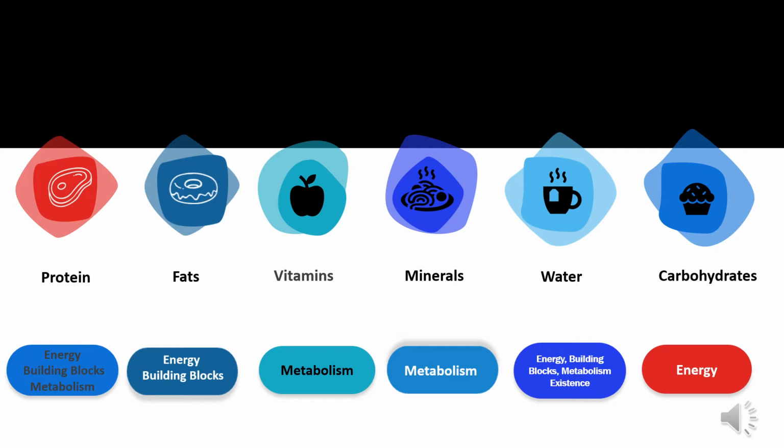These are all needed in our body in order to maintain and live a healthy lifestyle. Vitamins help with metabolism as well as minerals. Water helps with metabolism, with keeping fluids, and our carbohydrates mostly go for energy.